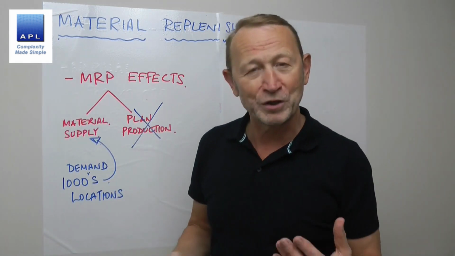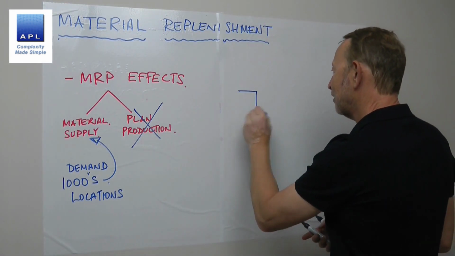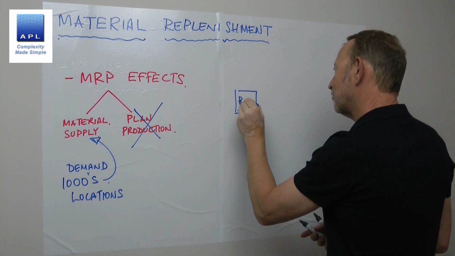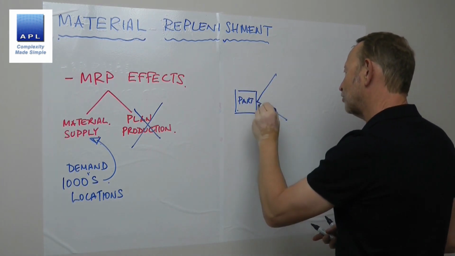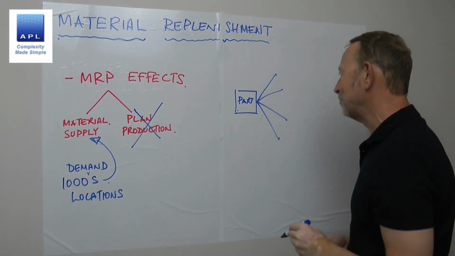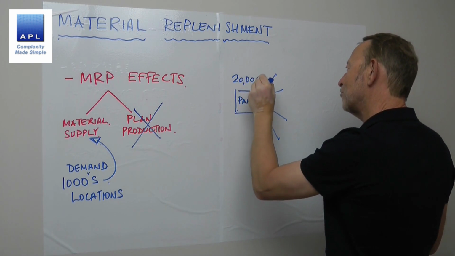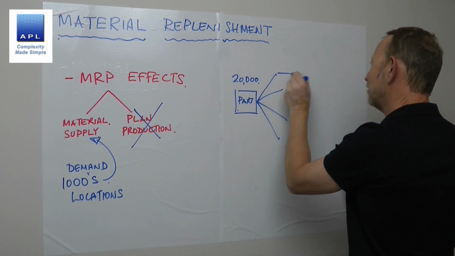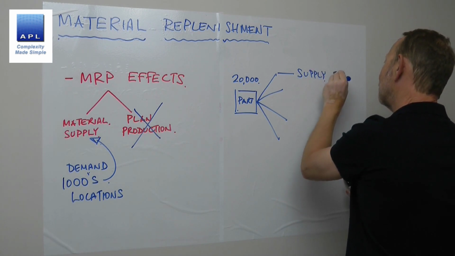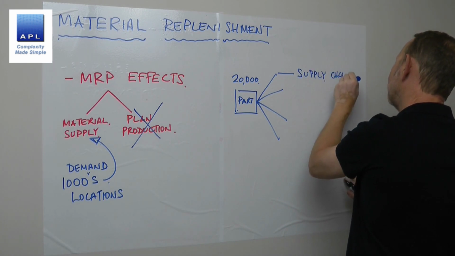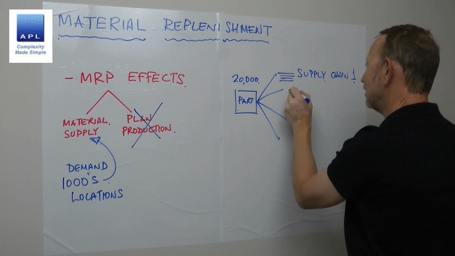So for you, what would you be using it for? Well, of course, you're going to make a widget. So this is your finished part. The finished part, of course, has a bill of material. It says we're going to make 20,000 of those. Well, if it's going to make 20,000 of those, we're going to pull on supply chain 1: this is how much material it needs.